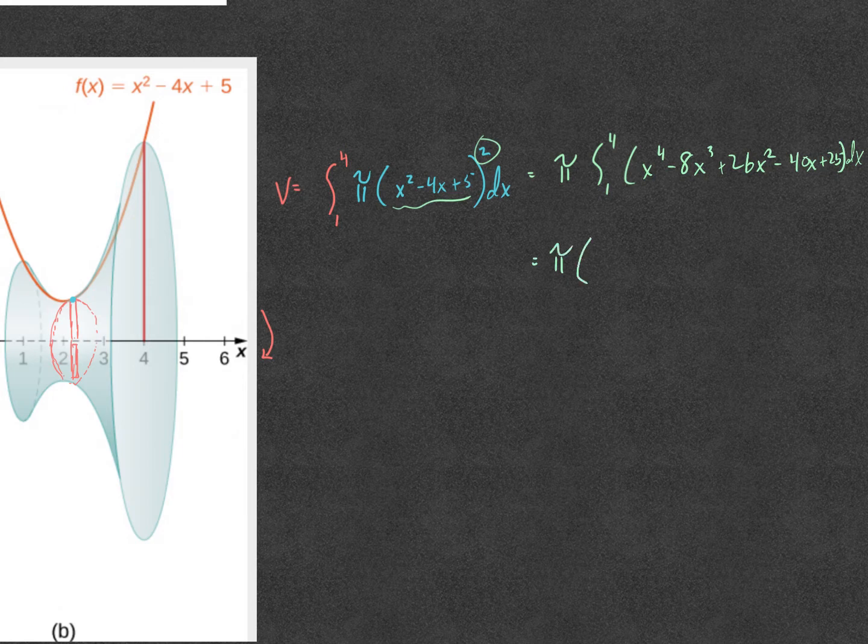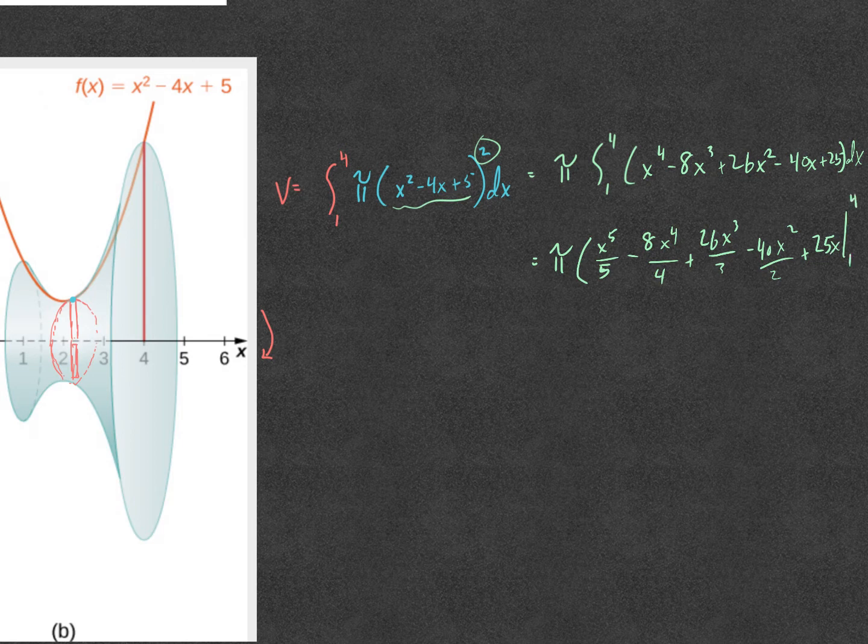So x to the 5th over 5 minus 8x to the 4th over 4, plus 26x cubed over 3, minus 40x squared over 2, plus 25x, and all that gets evaluated over the bounds from 1 to 4.